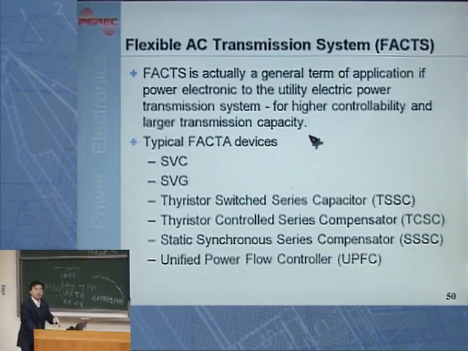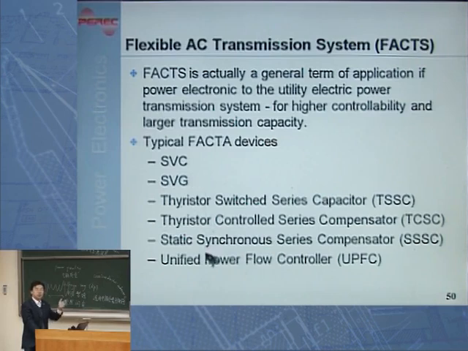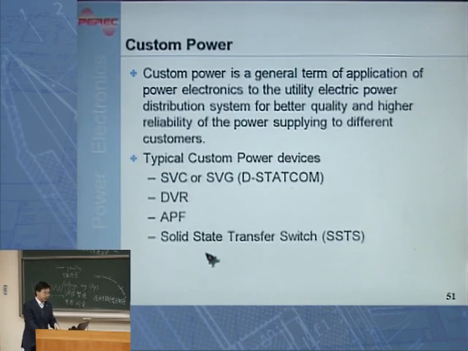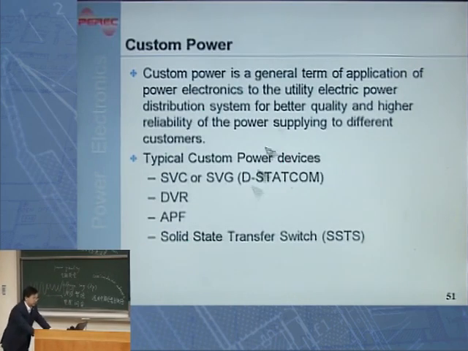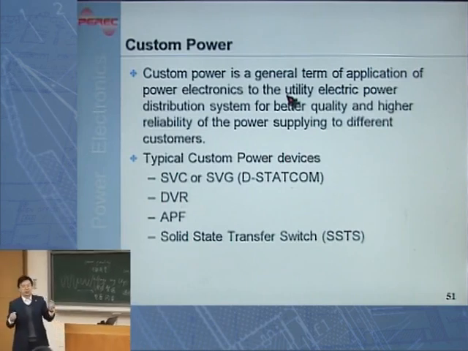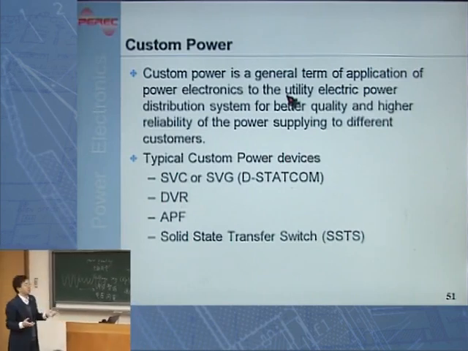Again, I will not get into details. There is a lot of equipment or devices based on power electronics. We have mentioned these two already, SVC and SVG, but there are many others, to help the transmission system achieve higher controllability and larger transmission capacity. If power electronics is applied to a distribution stage, there's also a special name.